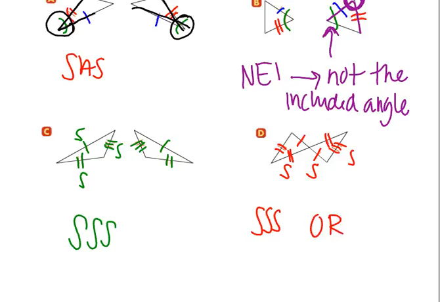Or if you want to get tricky here, we know that these are vertical angles. Here's a congruent pair of sides. Here's another pair. So you could have done side, angle, side as well.